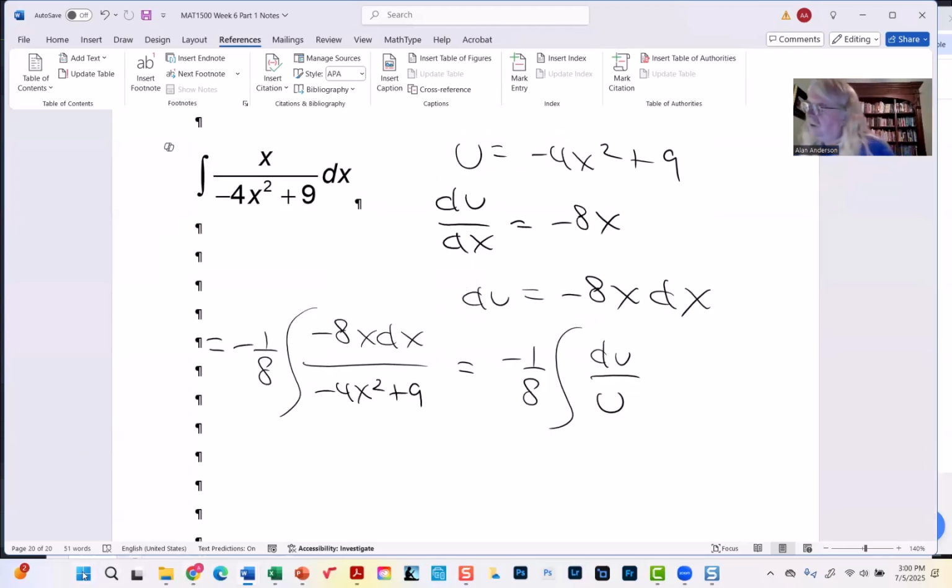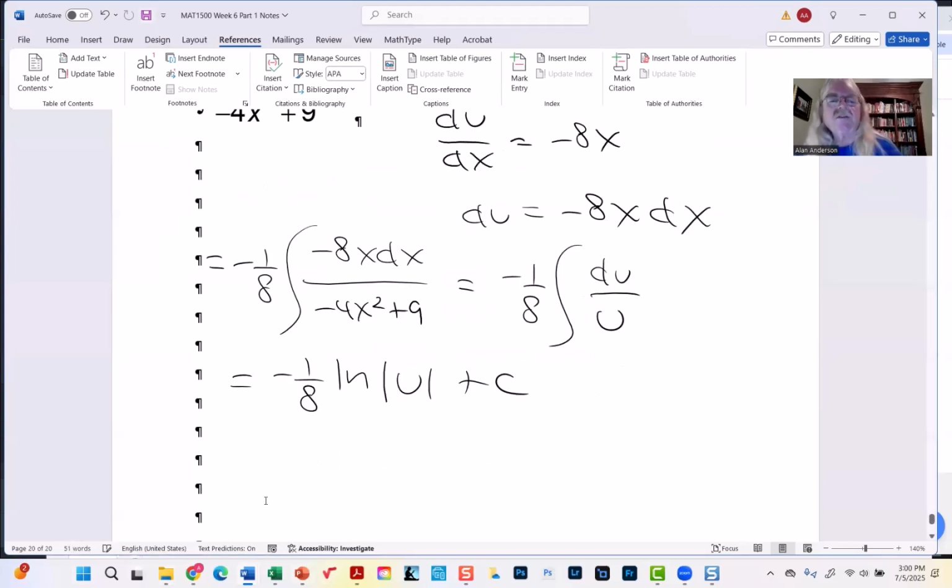So now we end up with -8 log u plus c. And of course, u is -4x squared, so we just make that substitution.